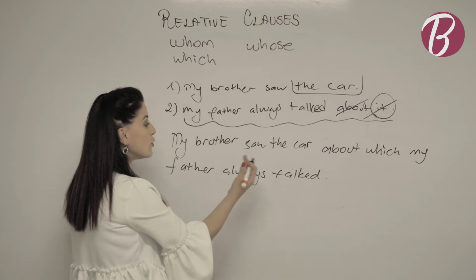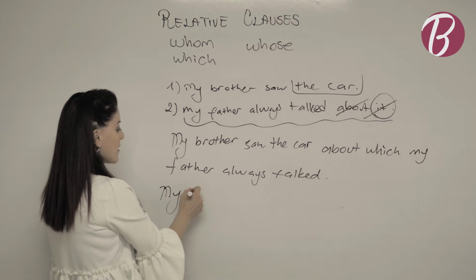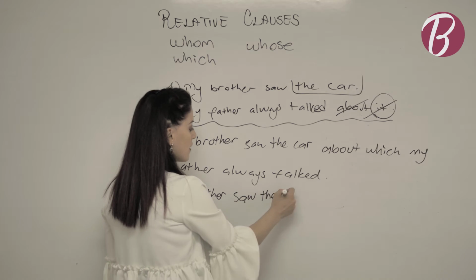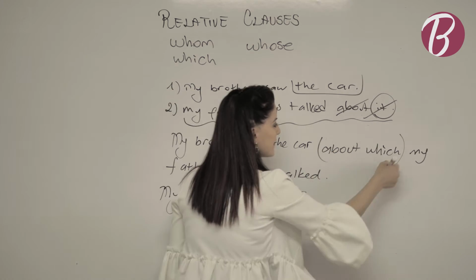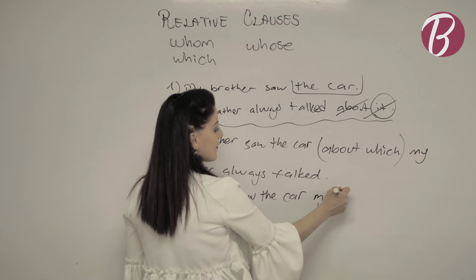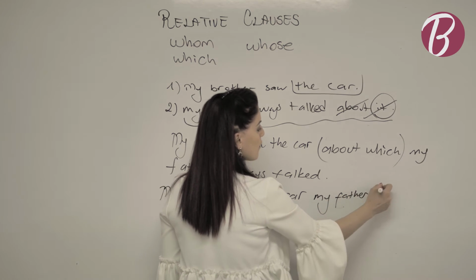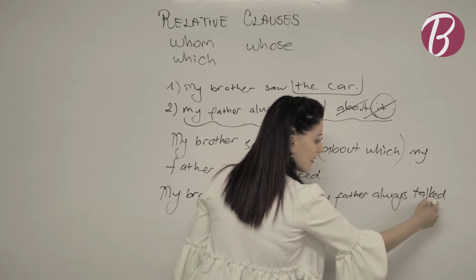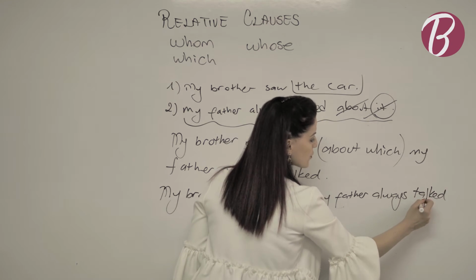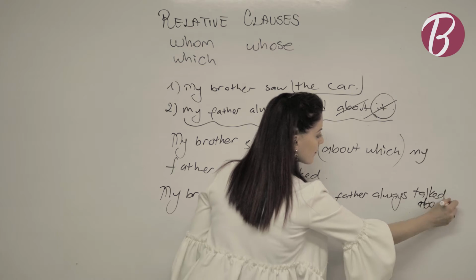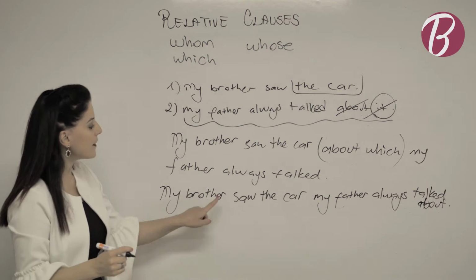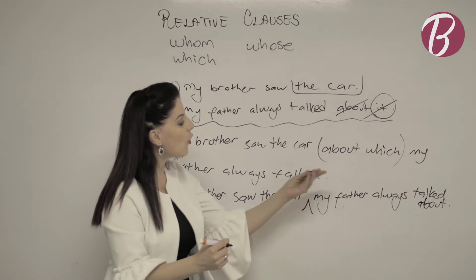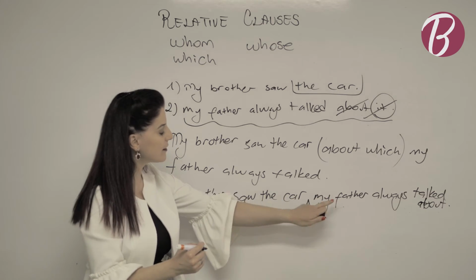So I can also say, my brother saw the car. I can omit it. My father always talked, in this part, I can say about. My brother saw the car. So here, you can omit this sentence.